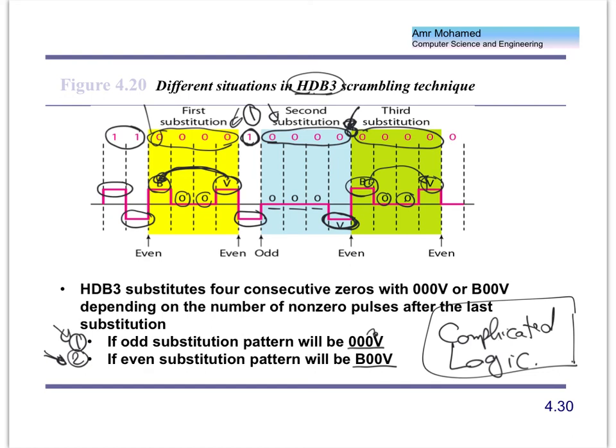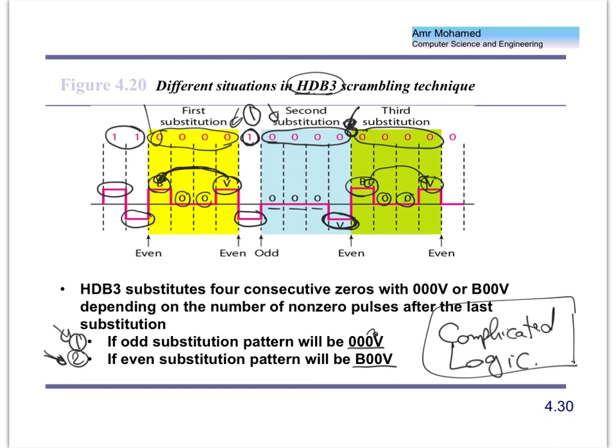With this, we discussed some issues related to the consecutive ones and the consecutive zeros. We talked about many line coding techniques, each with some pros and cons, and we analyzed their performance using the signal rate and the bandwidth.